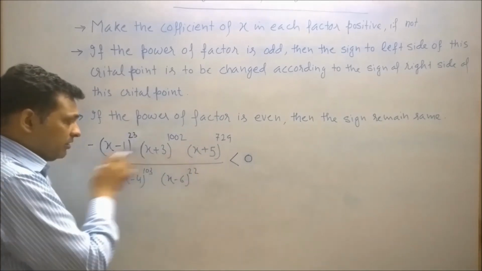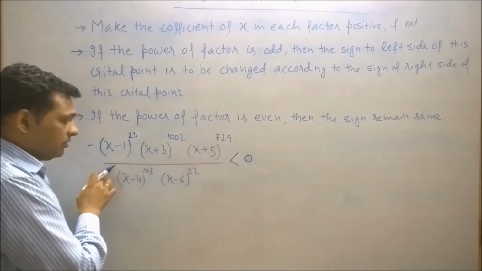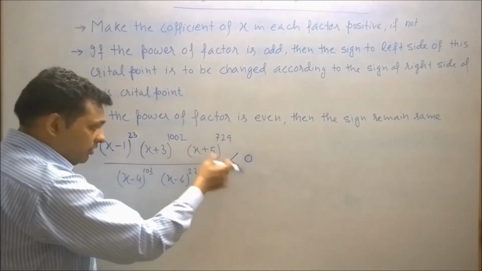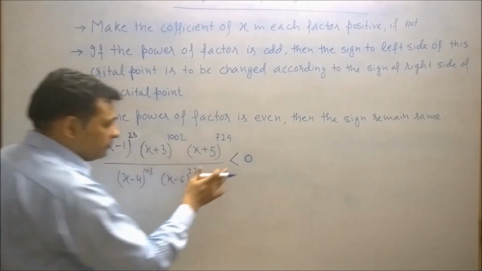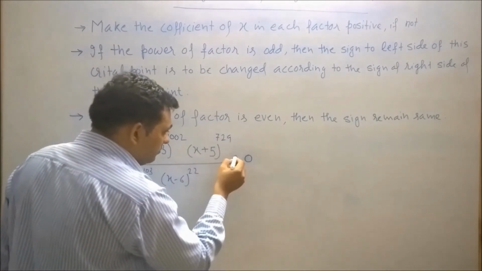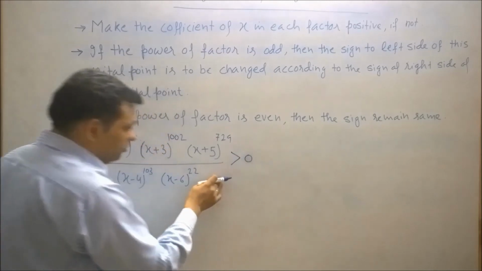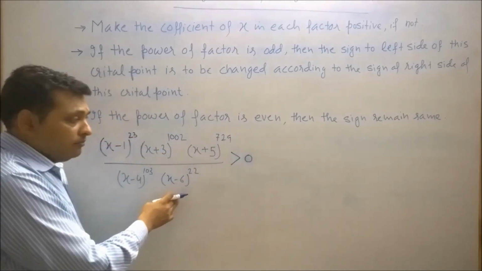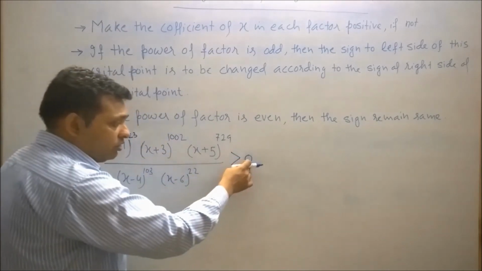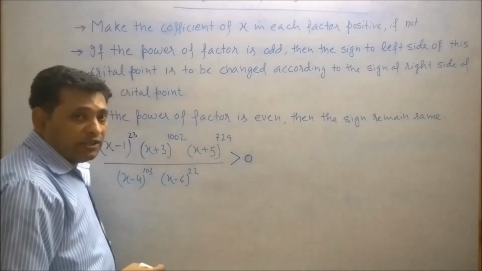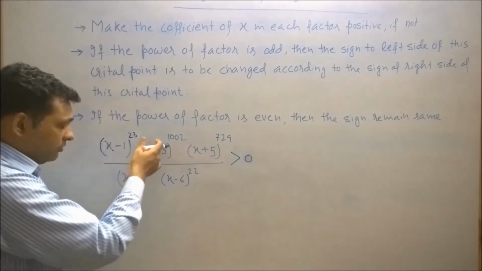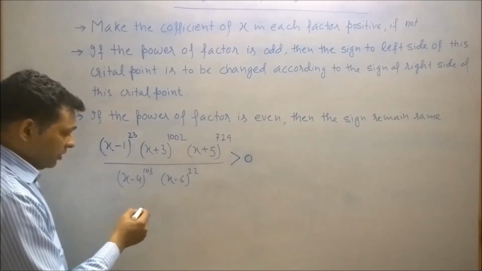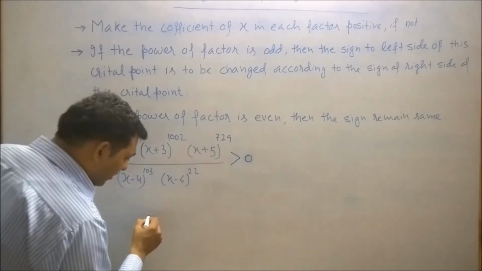On multiplying by minus 1 on both sides, the sign of the inequality will be reversed, and this becomes positive. Now the left hand side becomes greater than 0. When 0 is multiplied by minus 1, the result is 0. Now we have to find out the solution set of the given inequality. First of all, we will draw a number line.